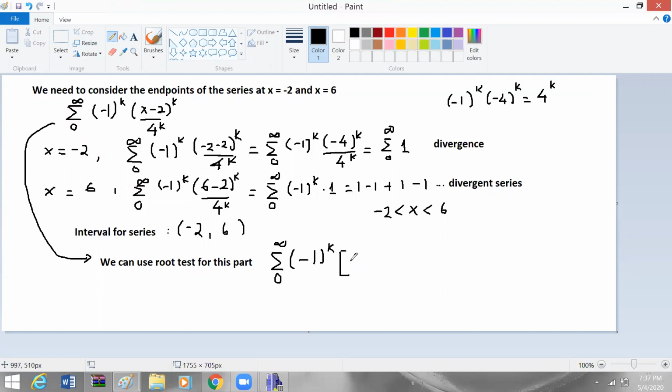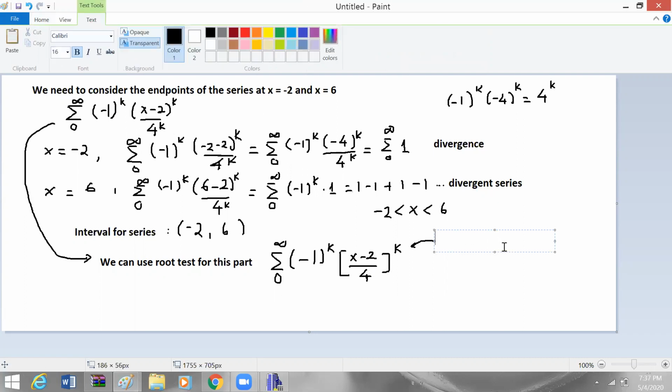So that would be x minus 2, I can combine the k together over 4 to the k. Why can we do so? Because they have the same powers, right? So I can combine the fractions. So this is literally the k power for the entire term.